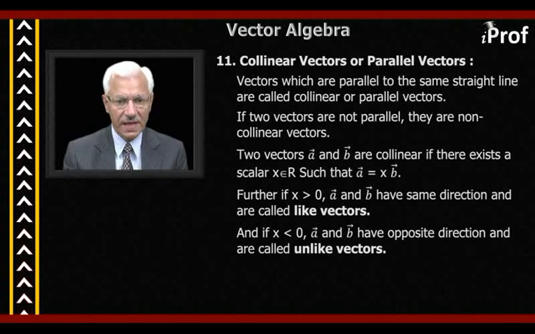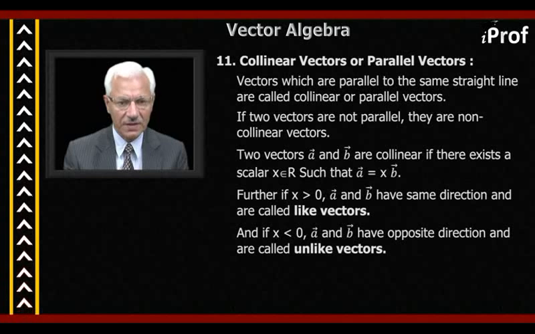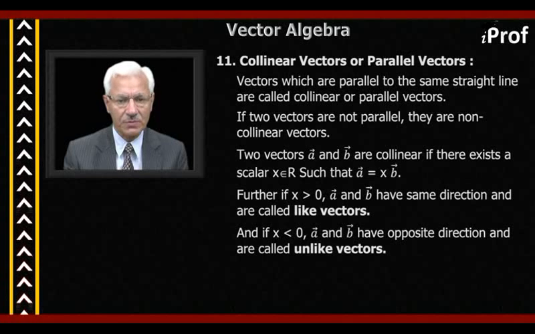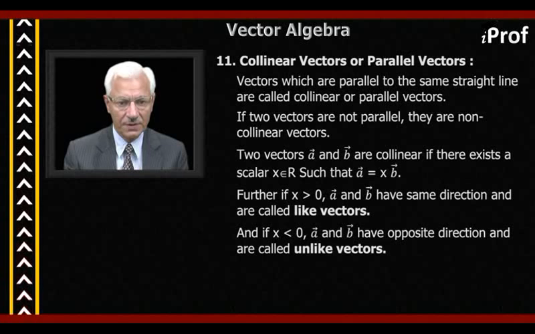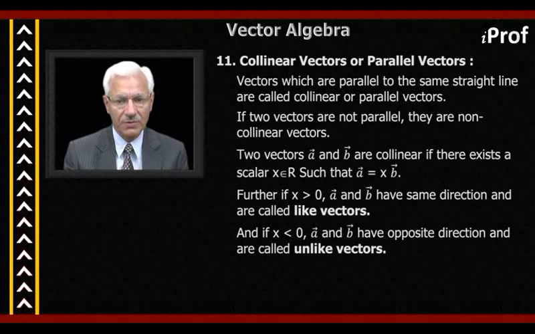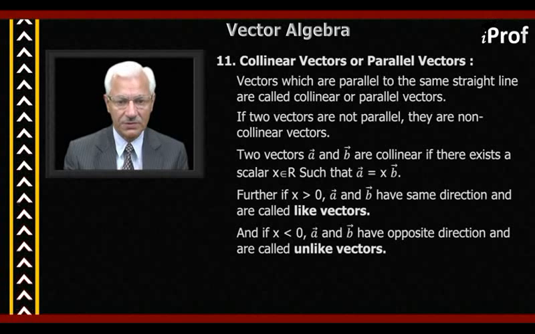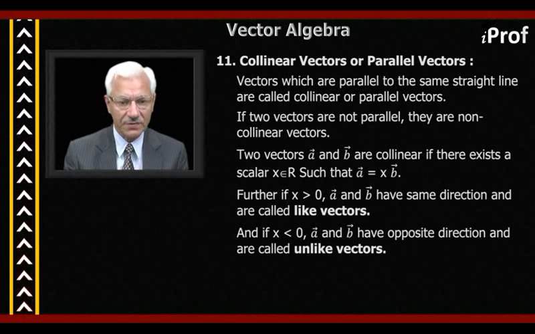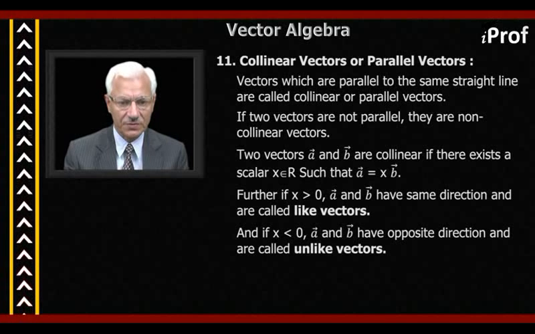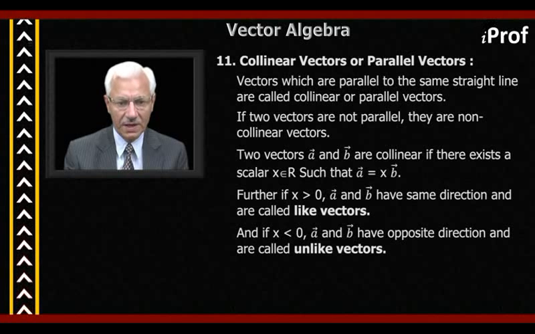Two vectors A and B are collinear if there exists a scalar x belonging to R such that A is equal to x times B. Further, if x is greater than 0, then A and B have the same direction and are called like vectors. If x is less than 0, that is x is negative, then A and B have opposite directions and are called unlike vectors.